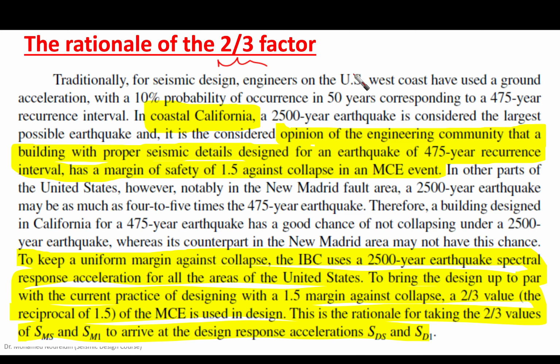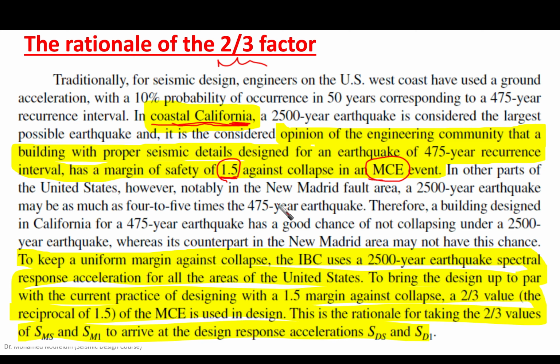They found that whenever they designed coastal buildings in California, in the western United States, using the design response spectrum, their structures had a 1.5 safety factor against the maximum considered earthquake.